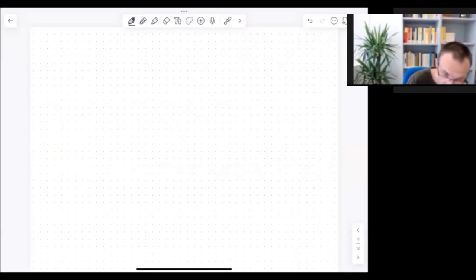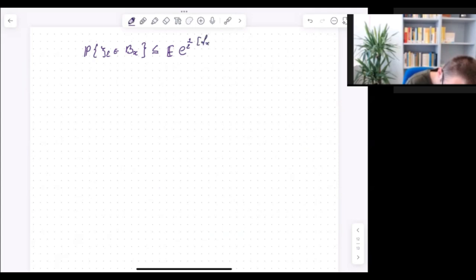The expectation of the indicator gives me the probability that psi epsilon belongs to the ball, and it is less or equal than the expectation of e to the power 1 over epsilon times f_x(psi epsilon) minus the infimum over the ball B_x with center at the point x of f_x.